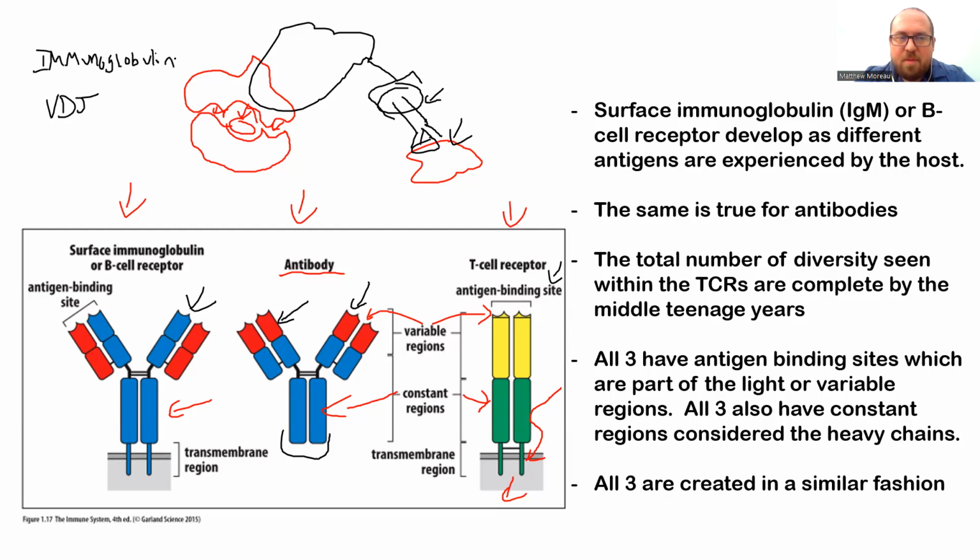So the kind of molecules or protein complexes that we talk about are called immunoglobulins. That's the major subclass of proteins and protein complexes that these belong to. And the variable region is created by a process known as VDJ recombination.